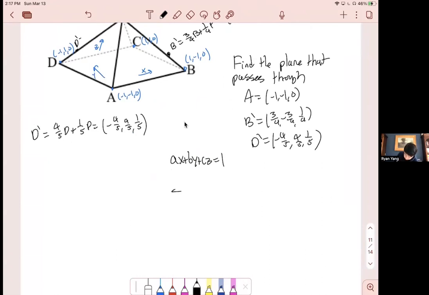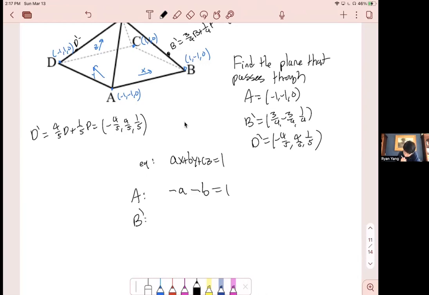Okay, so basically we let the equation be ax plus by plus cz equals 1. And this might go horribly because I did not do it like this. For point A, this gives us a plus b equals 1.